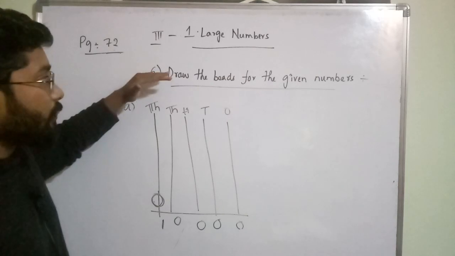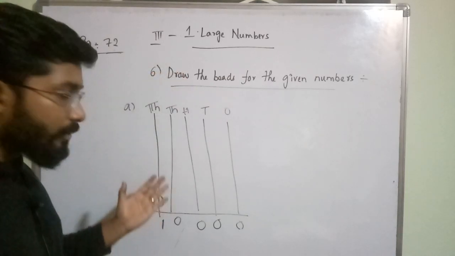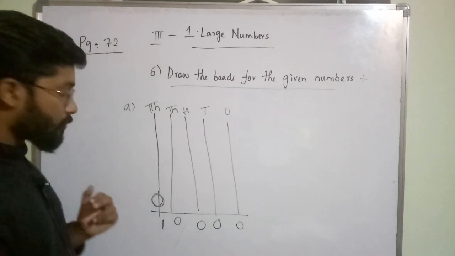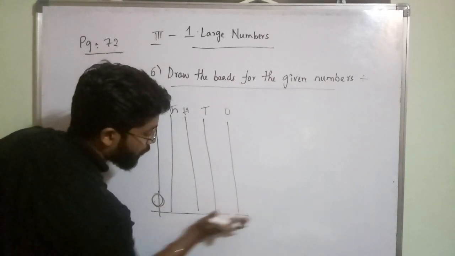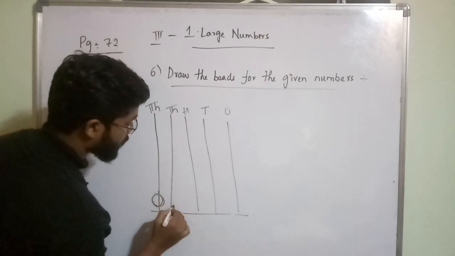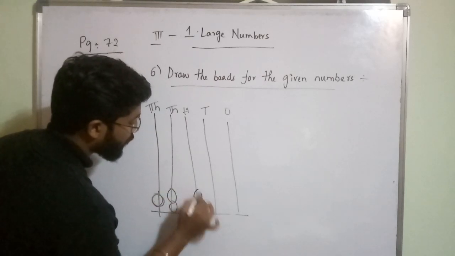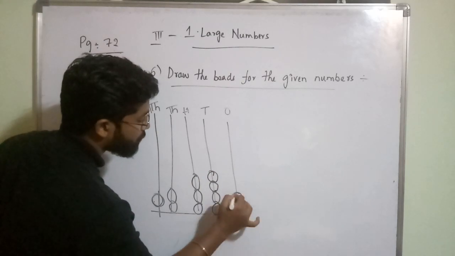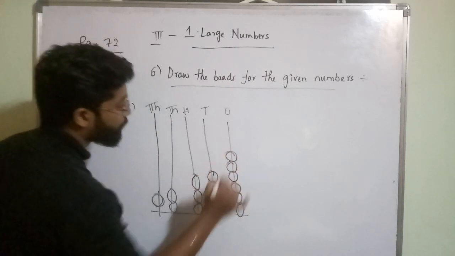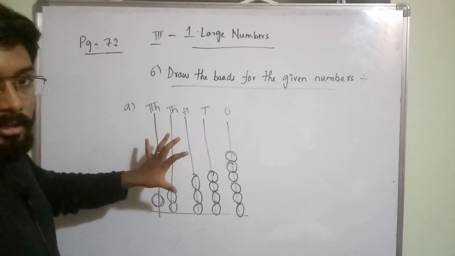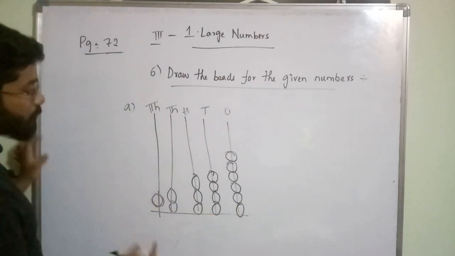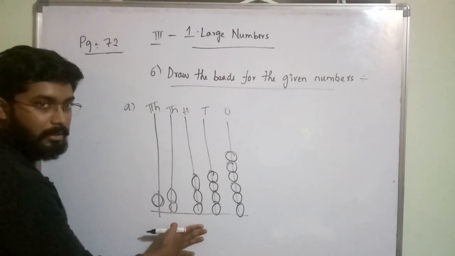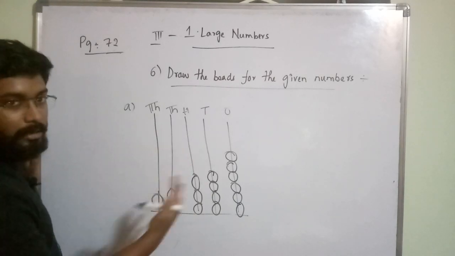If it is reverse, where he has given the beads and asks you to write the number, you don't know the number beforehand. For example, he has given beads and says to find the number.